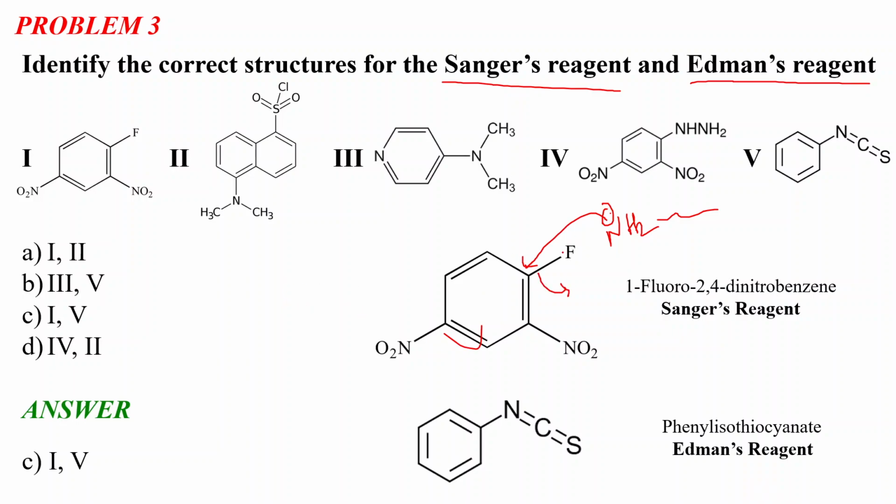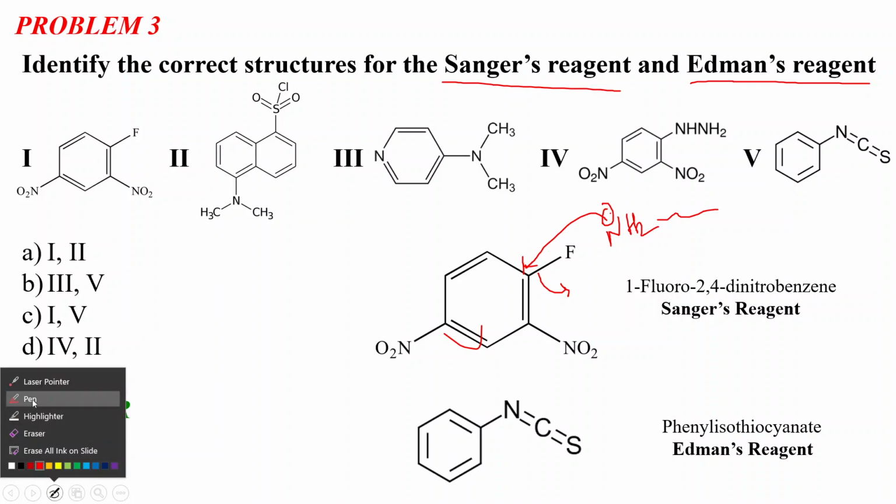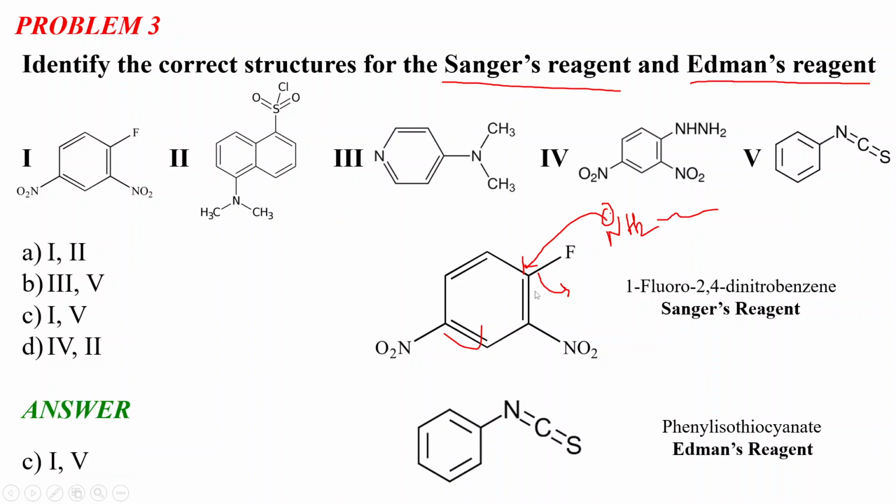So we will have something like this. The NH2 will be attached here, and after the hydrolysis we will have the free N terminal amino acid attached to the Sanger's reagent, which is called the DNP derivative.